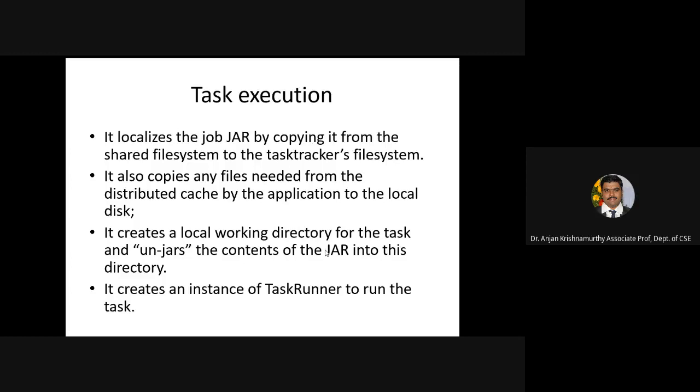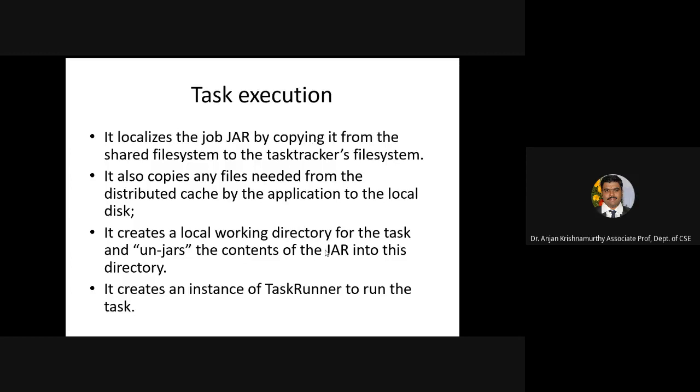For doing this, the distributed cache is needed. The files are to be distributed in different local file systems, and a very important aspect is that the task tracker is the one which will do the unjars. That is, the jars which are submitted to the cluster are completely taken out by the task tracker.